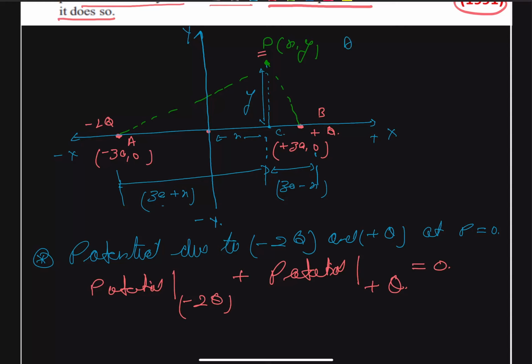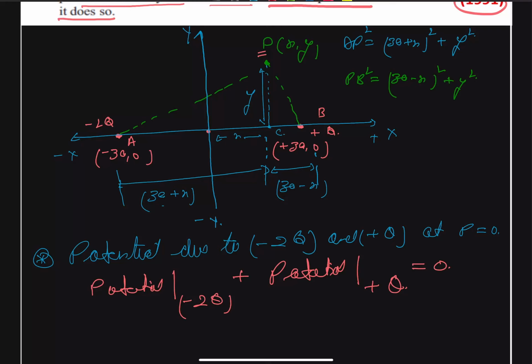So we can say AP square will be equal to 3a plus x whole square plus y square. And similarly we can say that PB square will be equal to 3a minus x whole square plus y square.